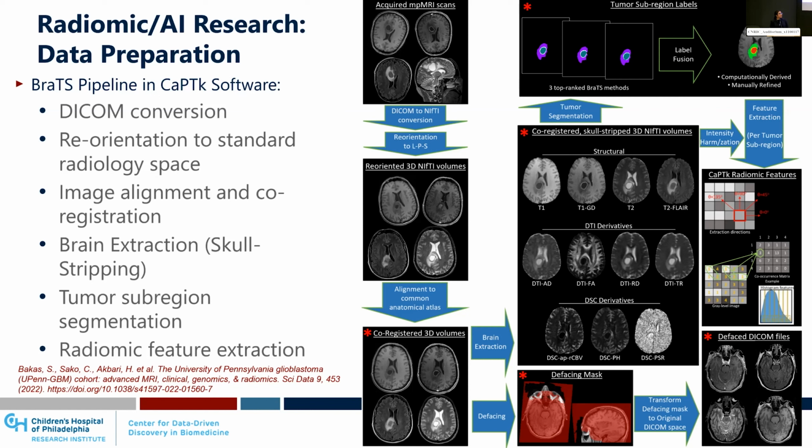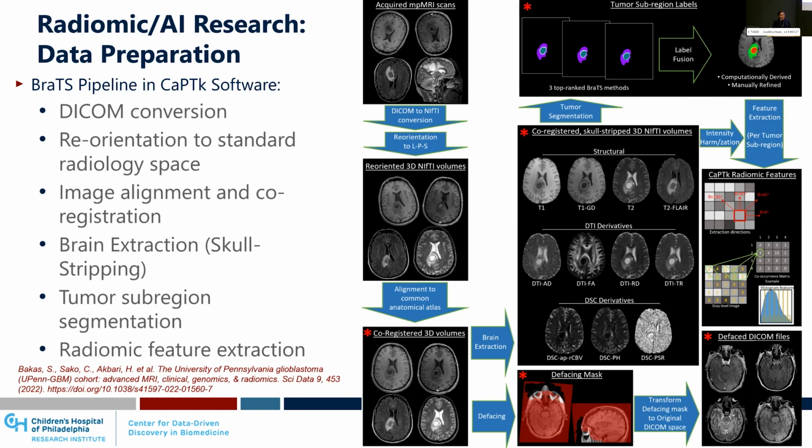In the context of adult brain tumors, there have been many studies at different centers working on building pre-processing pipelines for brain tumor scans, and some of them have become available in openly accessible software packages.